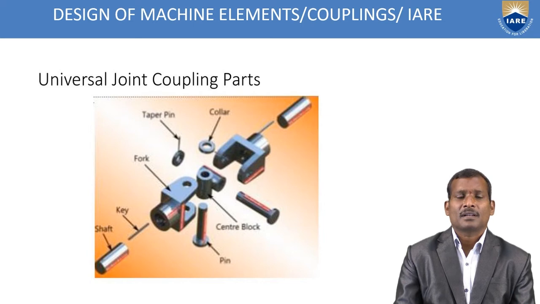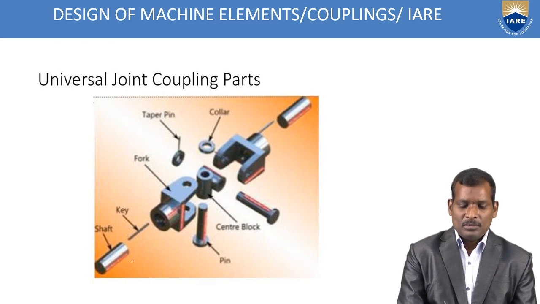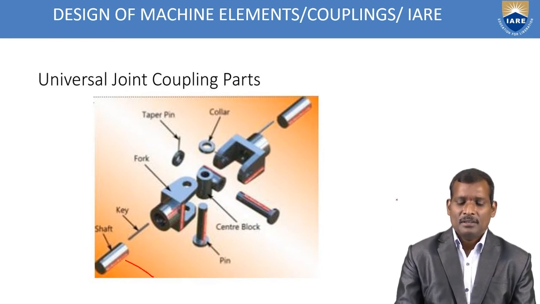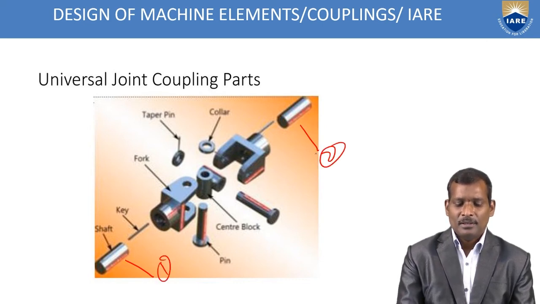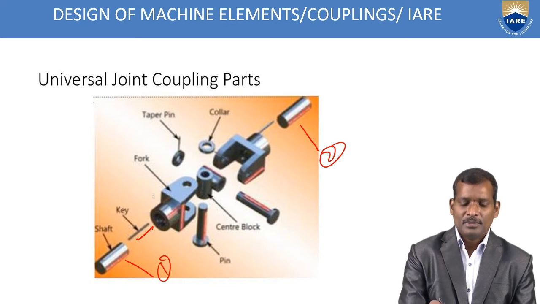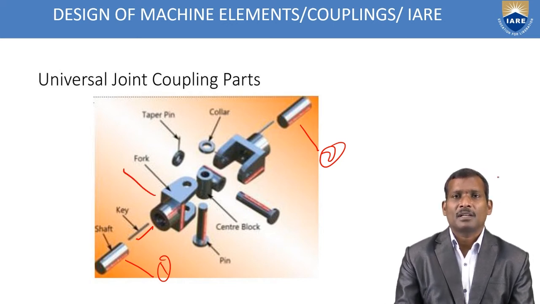You can see here the universal joint coupling parts. This is one shaft and another shaft, and the key, and this one is the big end. The big portion is called the fork end.